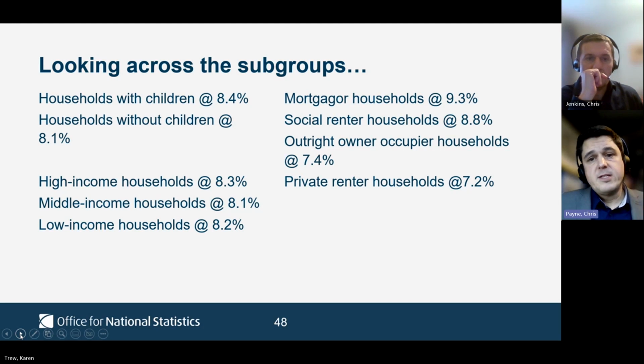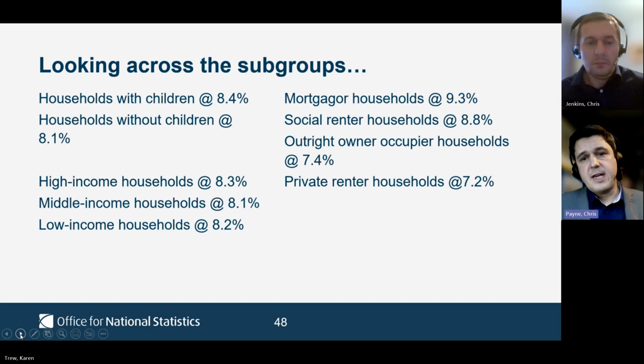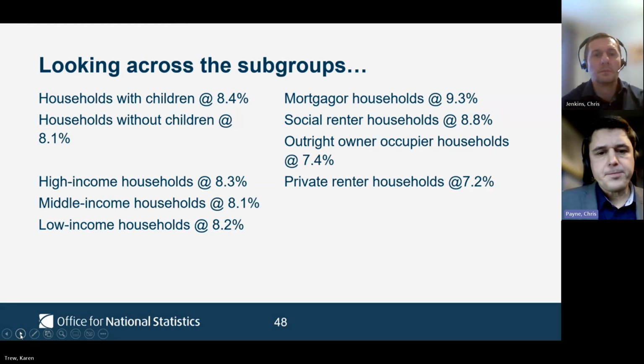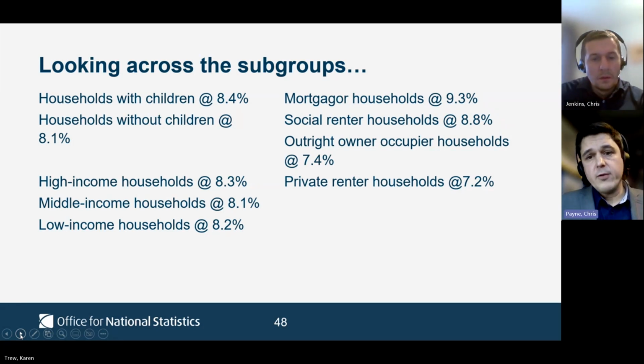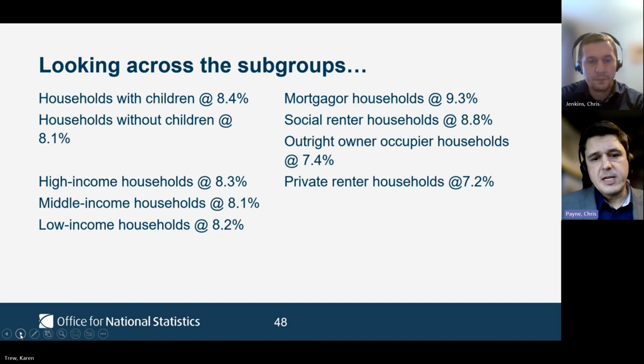With social renters, you've got this profile where energy costs and food costs have a higher weight. And I think with outright owner occupiers, most of those tend to be retired, so they've got quite a similar profile to retired households. And then we saw the lowest rate from private renter households at 7.2%.